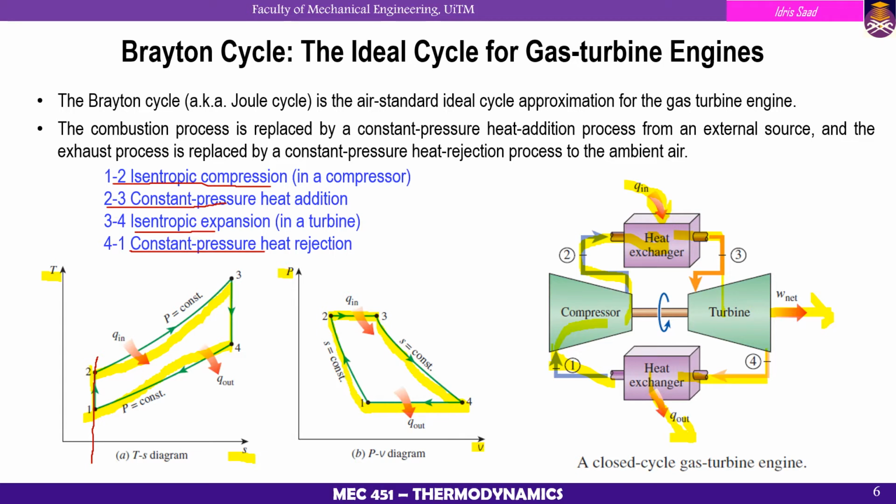In other words, S1 is equal to S2. Similarly, at state 3 and state 4, S3 is equal to S4. That's why we prefer to use the TS diagram rather than the PV diagram for the Brayton cycle. So basically this is the concept of the Brayton cycle for the ideal cycle for the gas turbine engine.